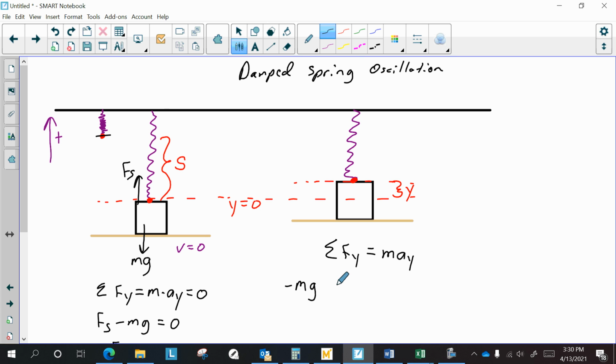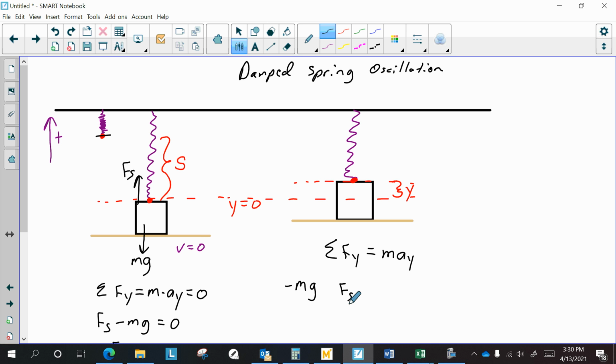Another force we have is the spring force. So K times however much our stretch is. I'm just going to put a parenthesis there, and we'll come back to that. Actually, let's just do it this way to begin with. Let's call that the force of the spring. So we have the force of the spring, and the spring is always going to be pulling it up.